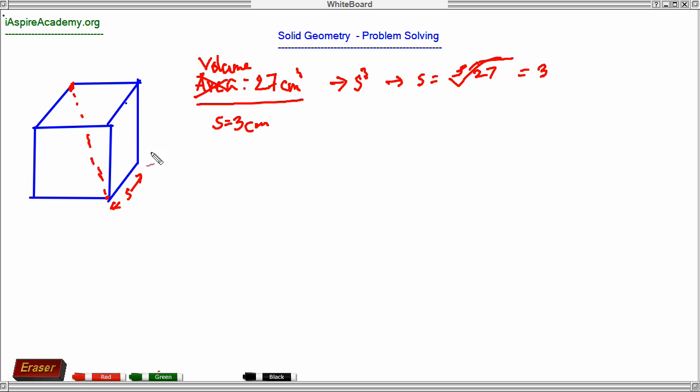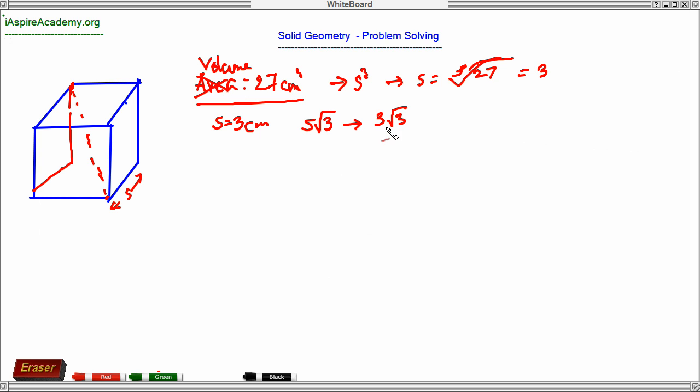Now the longest diagonal, if you remember, we did the formula where the longest diagonal is s root 3. So that would lead to the longest diagonal being 3 times root 3.